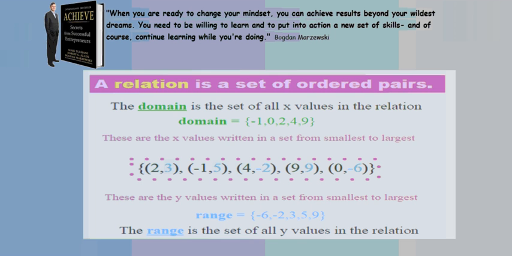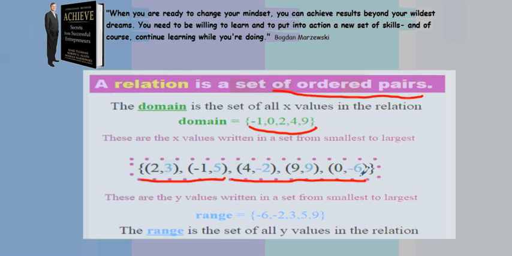So to recall the definition, a set of ordered pairs defines a relation. Now, please note that in this particular example, where we have the domain listed as -1, 0, 2, 4, and 9, it is not shown in increasing order.